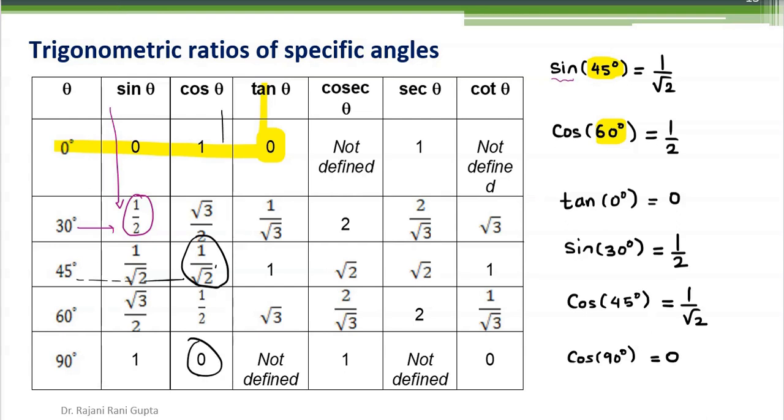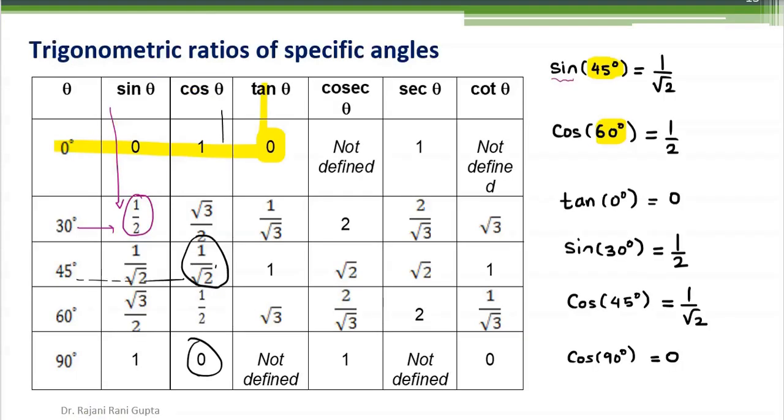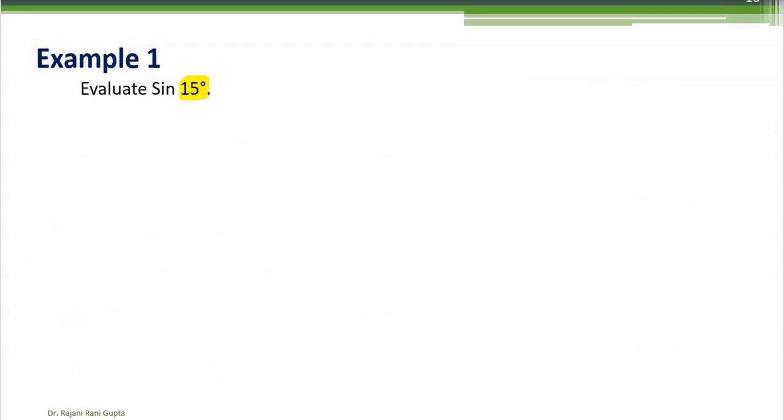Now suppose we ask you to find the value of sine 15 degree. If you look at this table, you know the standard values at 0, 30, 45, 60 and 90 only. And you have to find the value of sine of 15 degree without using a calculator. So how will you work on it?